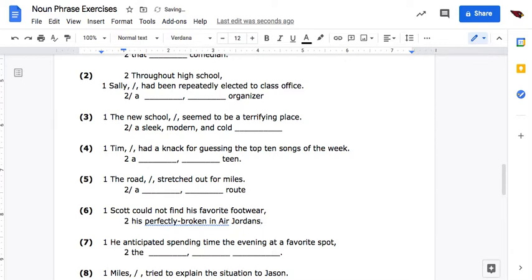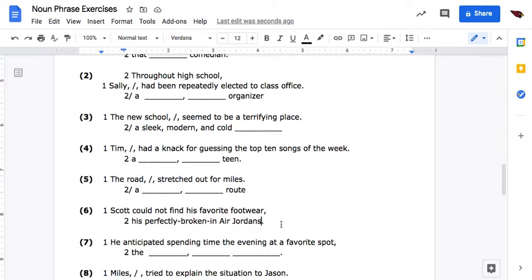And you might stop there and that would be perfectly fine, because we are renaming the favorite footwear with the Air Jordans. That's what noun phrases do. His is on the list of noun determiners. Perfectly broken in. I don't like that unless there's a dash there. His perfectly broken-in Air Jordans.